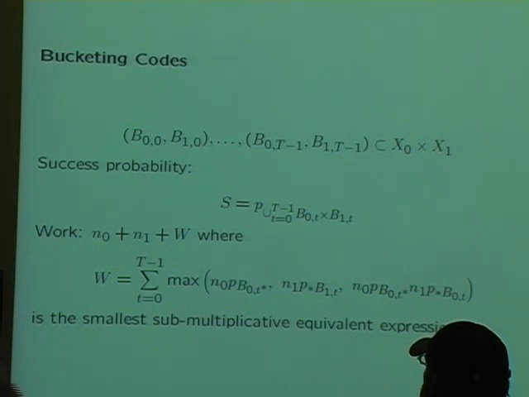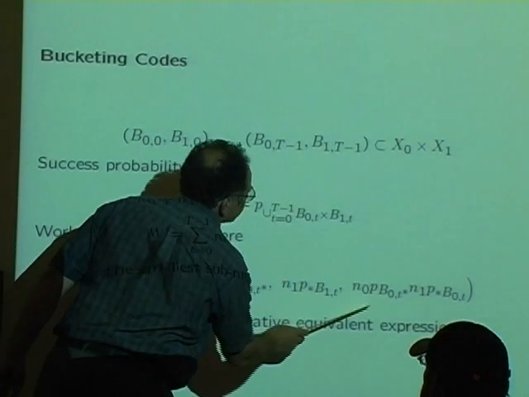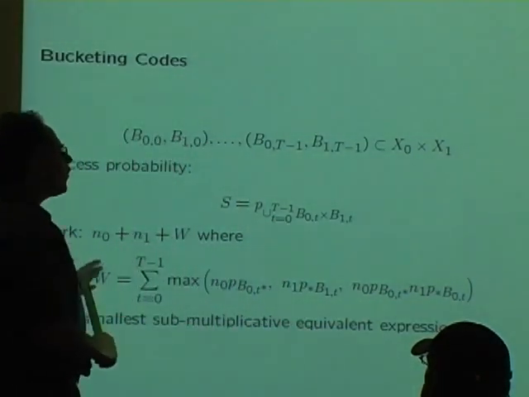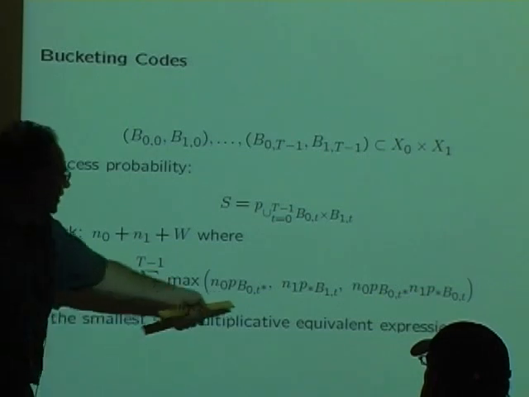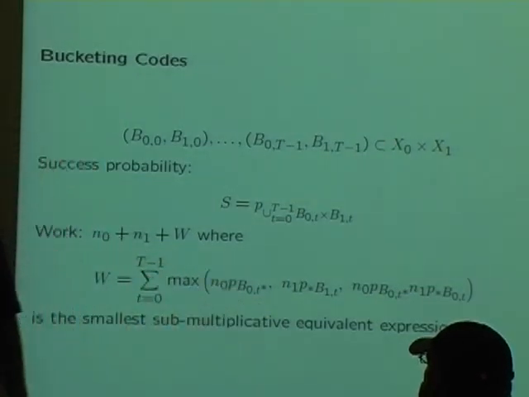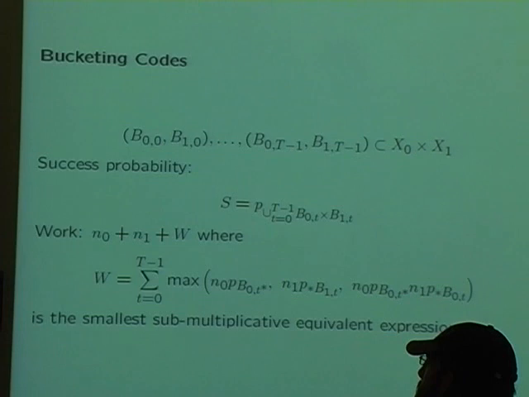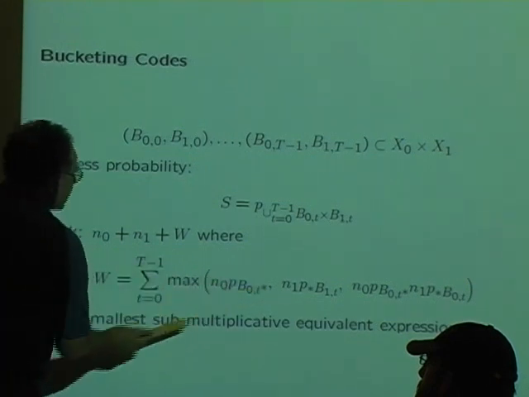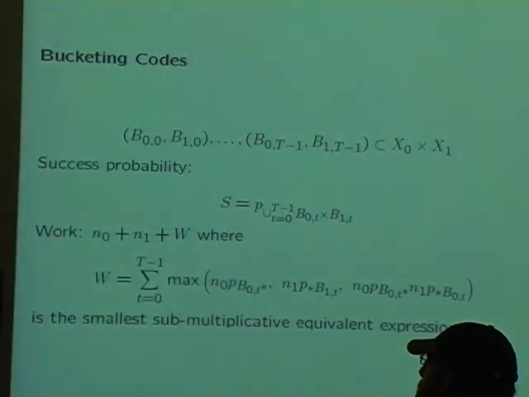Now, can such a thing be realized? This thing is real. This is just a number of comparisons. But throwing things into buckets, it might be necessary to do more work. You can think of an algorithm where you have a prepared list for each element to which bucket it belongs. You see an element, you make a lookup, and that's it. Then this is really the amount of work necessary.